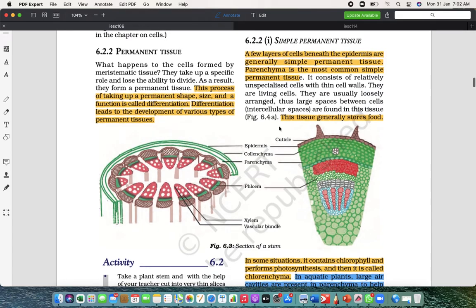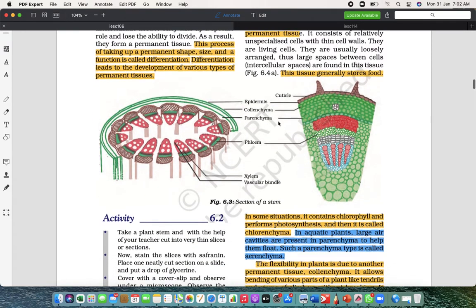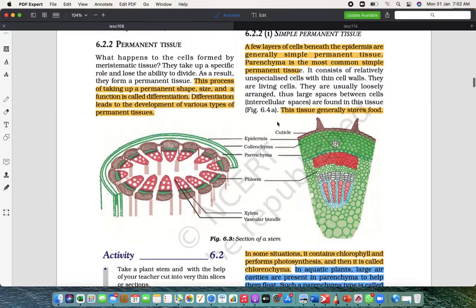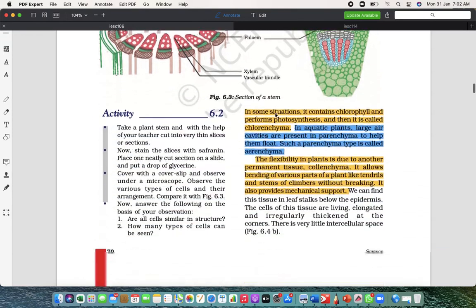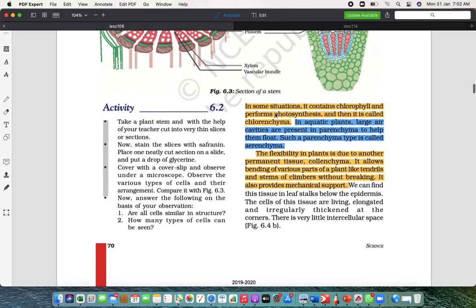This tissue generally stores food. It contains chlorophyll. Parenchyma is also known as chlorenchyma if they perform photosynthesis, and if they have air bags, air cavities, then the same is called aerenchyma. So this small differentiation you have to remember.